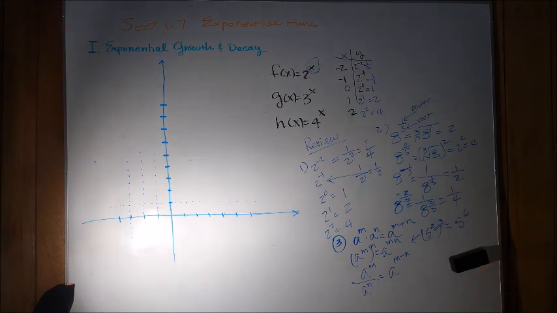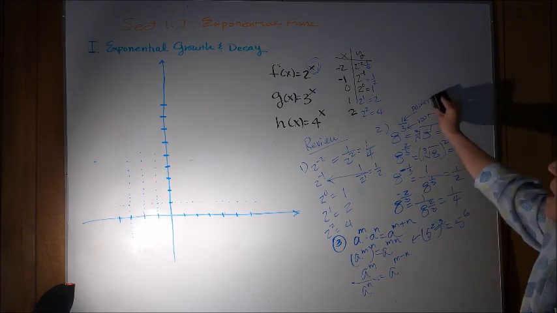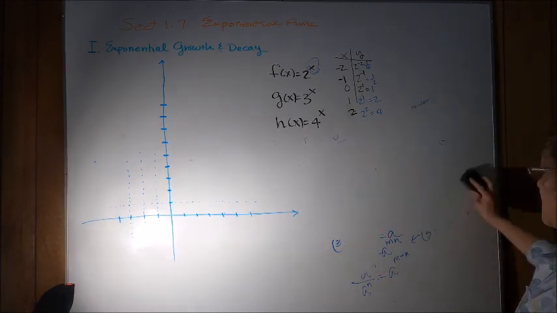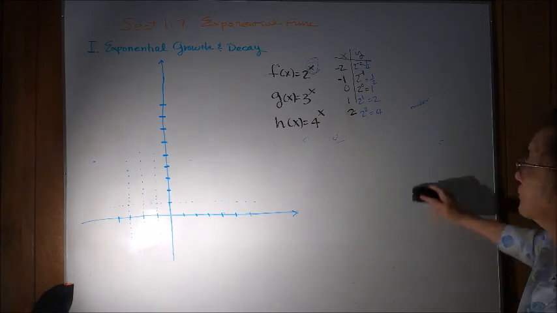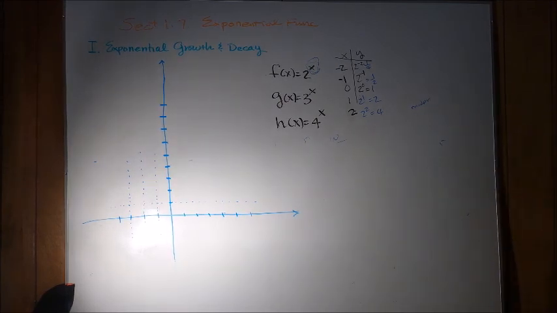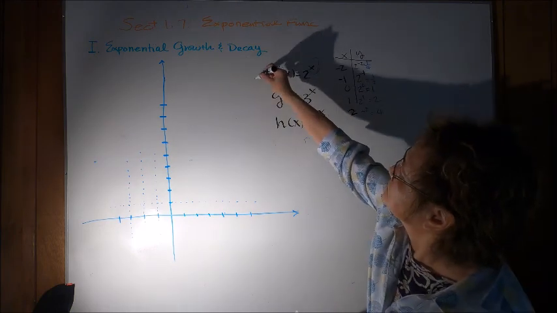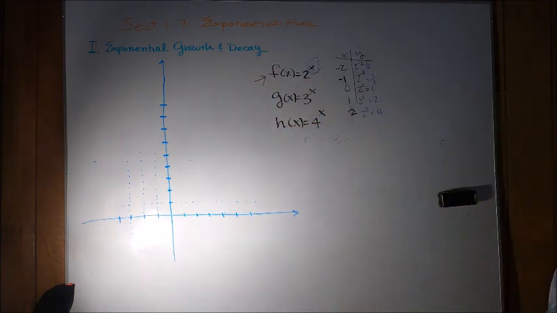So now let's take a look at how we are going to graph exponential functions. For the first one, you just do your t-table, then you find the points.